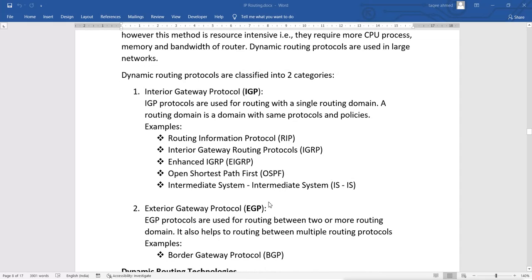So interior gateway means it is configured within your domain boundaries, where you are using the same protocol with the same policies, because you have your own company environment and network.